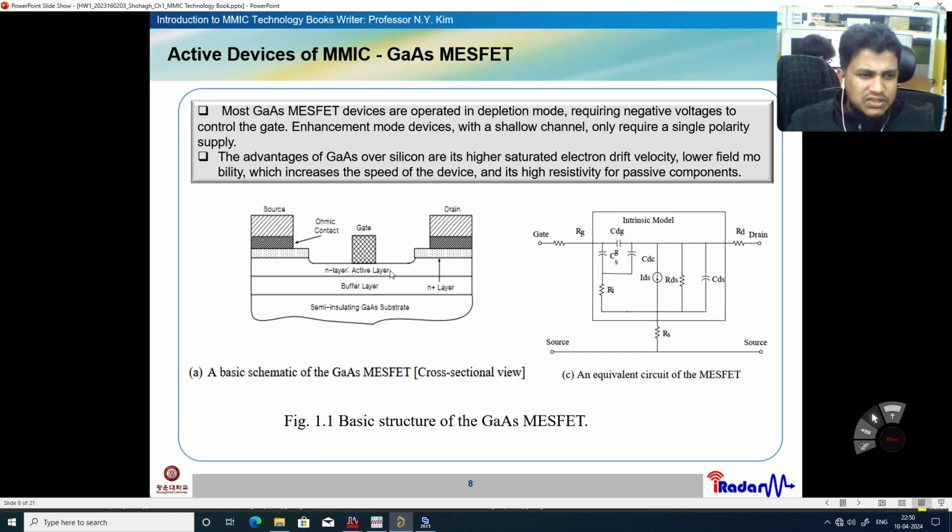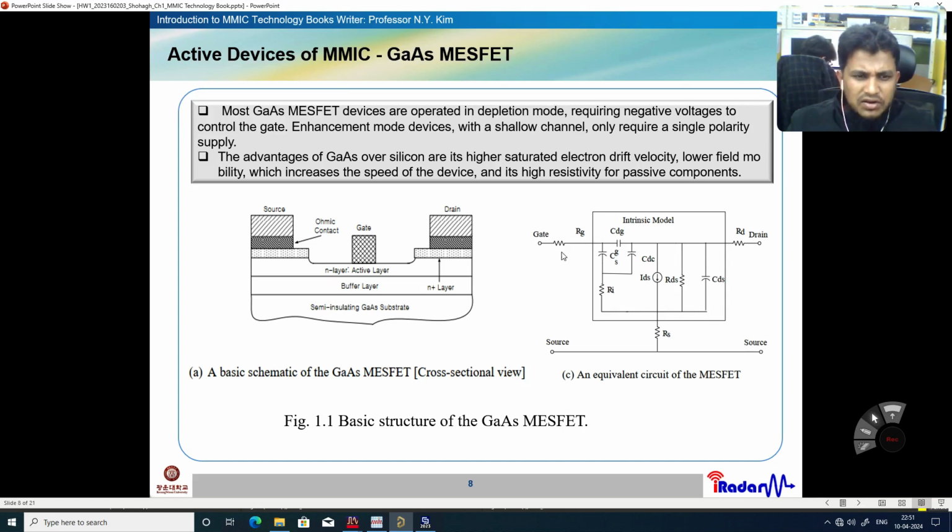There is also an active layer between source and drain, under the gate, and there is a buffer layer. In the last layer we put the gallium arsenide substrate. So the basic schematic of this transistor is in this figure, and this is the equivalent circuit.